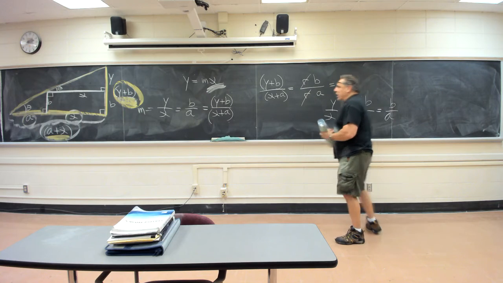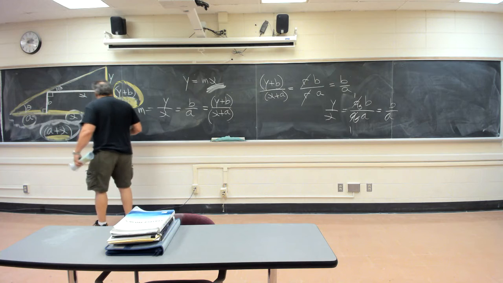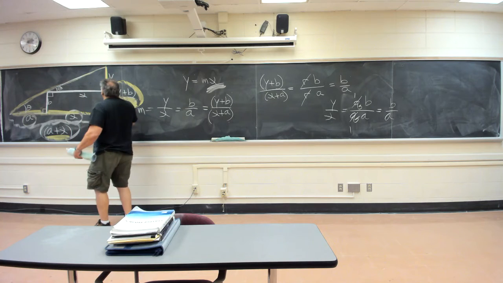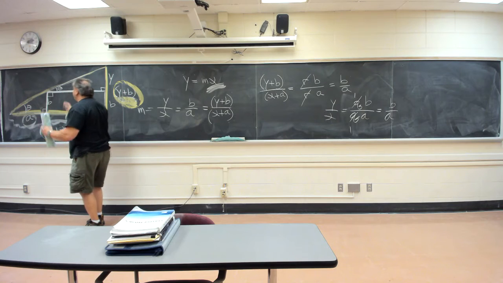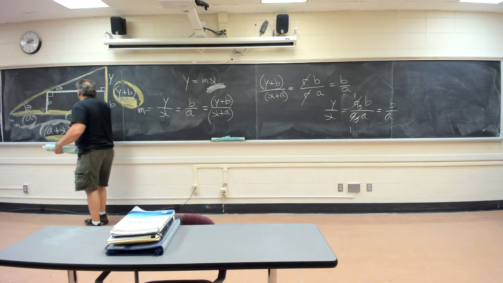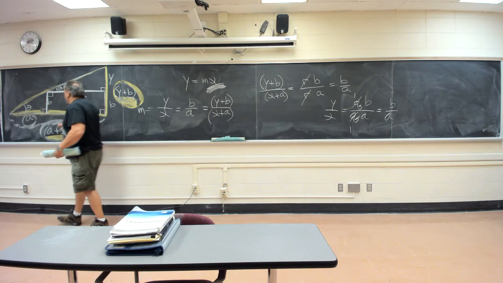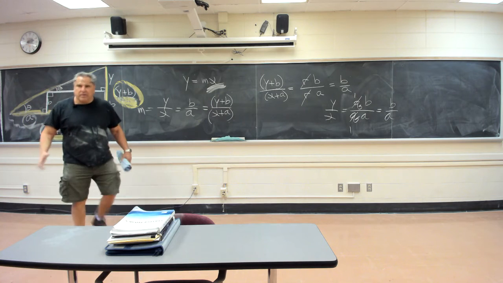This is true. In other words, there's similarity of triangles. The rise over the run associated with the big triangle is the same ratio as the rise over the run with the smaller triangle, which is the same ratio as the rise over the run for the smallest triangle.